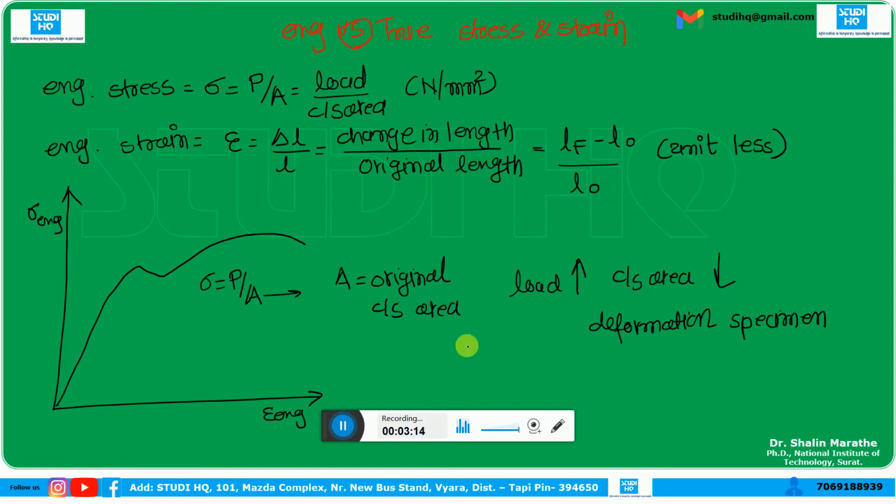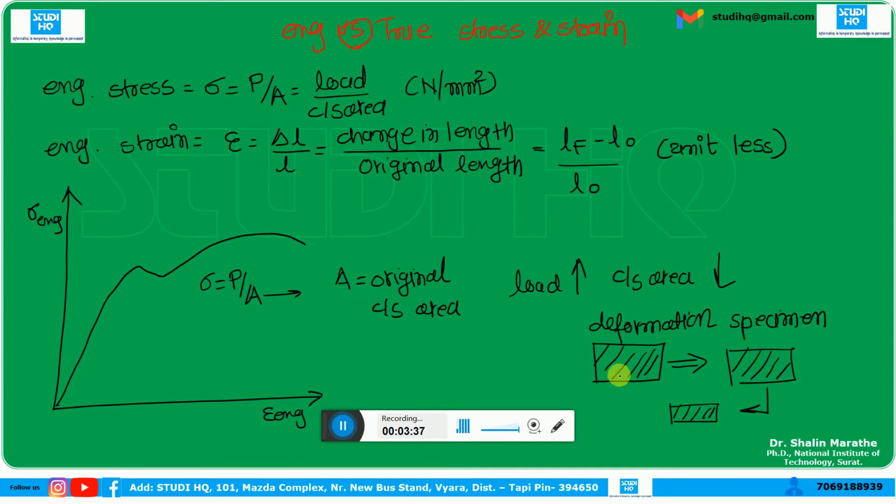So initially this might be the cross-section area, but as the process goes on, the area reduces, like this.